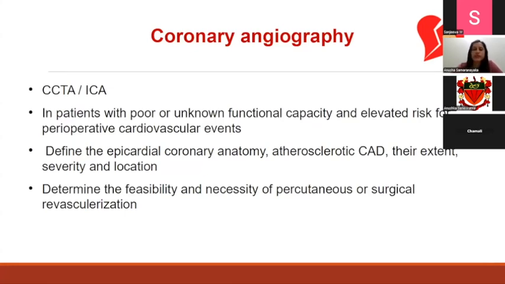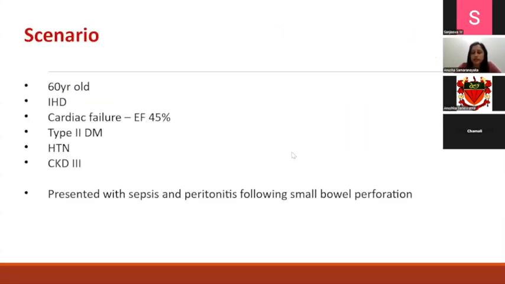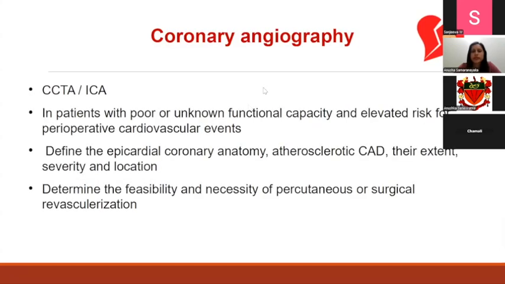With coronary angio, we can get an idea about the epicardial coronary vessels and the degree of atherosclerotic coronary artery disease, including which vessels are involved and the severity, location, and everything, which we can assess with coronary angiography.